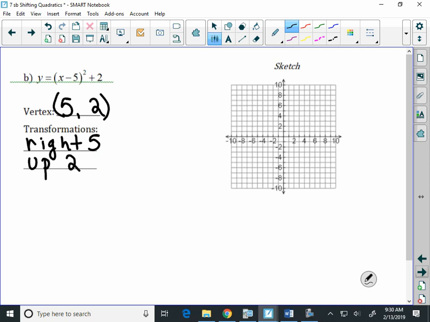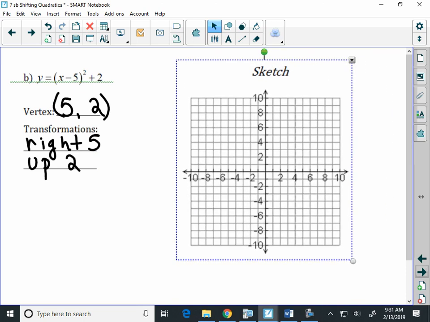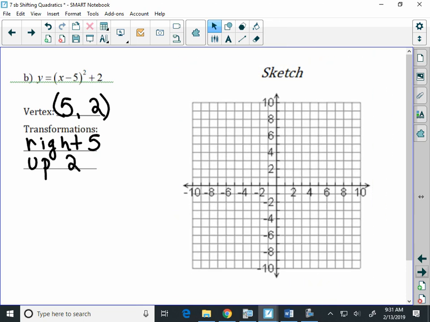Now we've done the transformations, we've done the vertex. Let's come over here and draw our picture, starting at (5, 2). Again, when we draw the picture, everything goes back to the vertex.